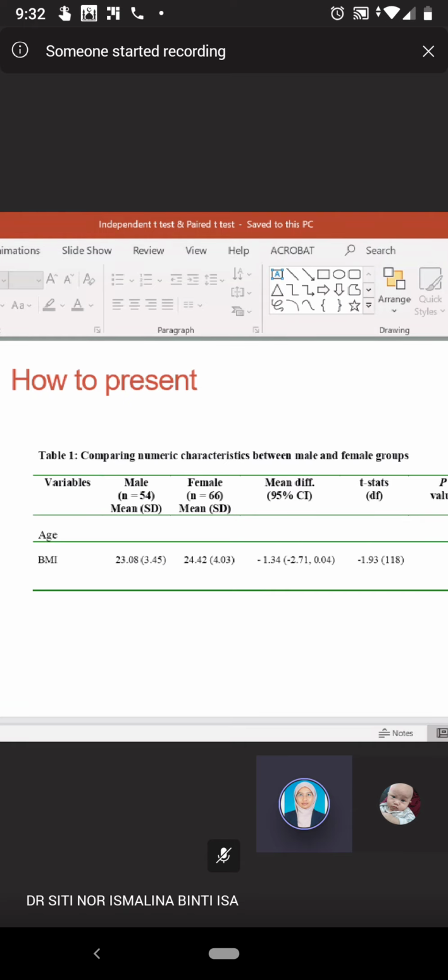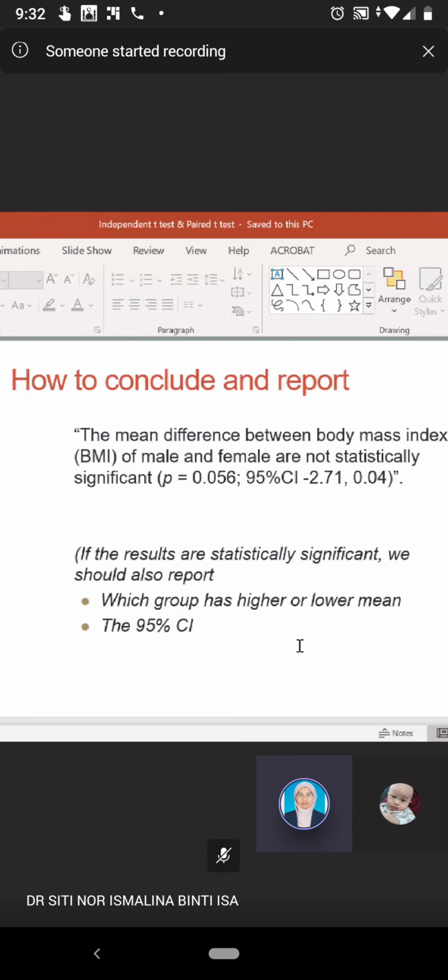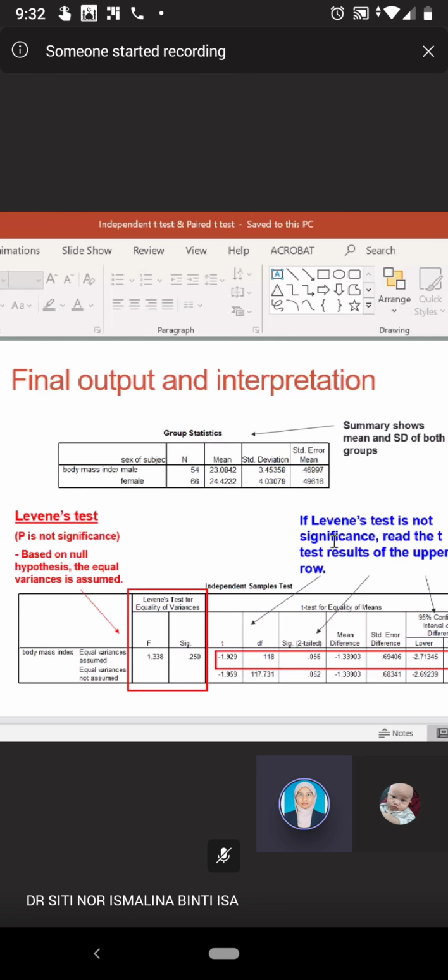All of these values you can obtain from the SPSS output, from this table and this table. The mean and standard deviation you can get from this table, and the t value here, degree of freedom here, this one is the p-value, this one is the mean difference, and this one is the 95% confidence interval for the mean difference.